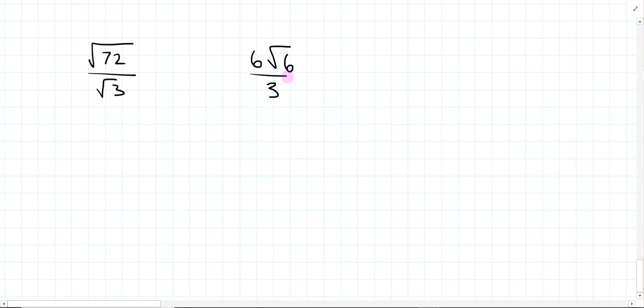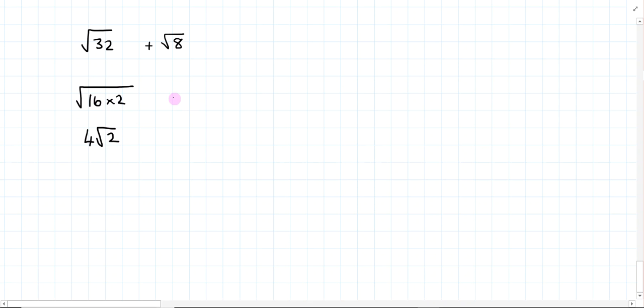We've got 6 root 6's divided by 3 gives me 2 root 6's. The 6 divided by the 3 needs to be dealt with. So that was the common one that people just forgot to do. Again, it's not that you got something wrong, you just didn't complete something.